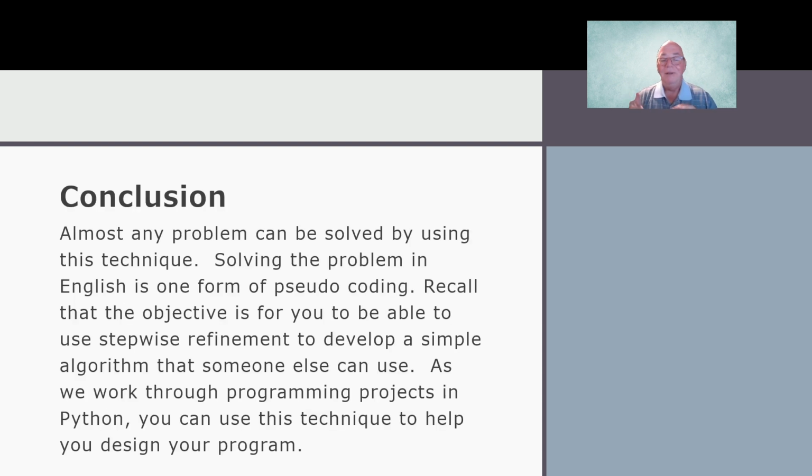So again, almost any problem can be solved by this technique. Solving the problem in English is one form of what we call pseudocoding. And recall that what we're trying to do is write an algorithm that you could give to someone else, and they could accomplish the task.